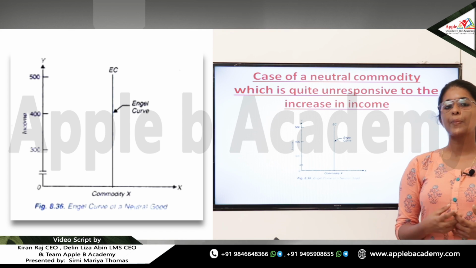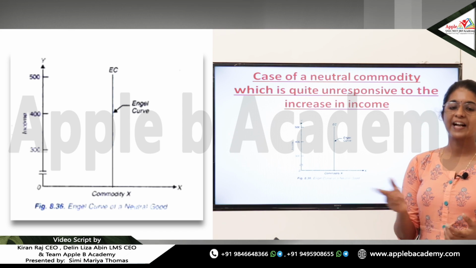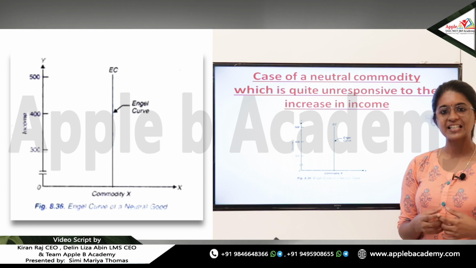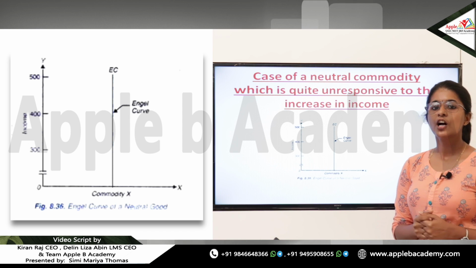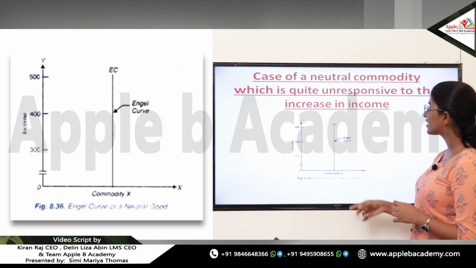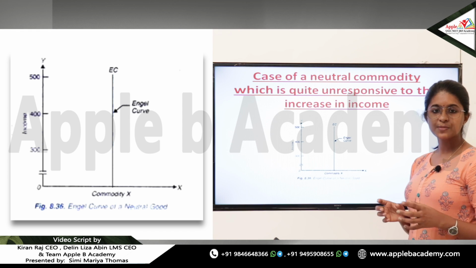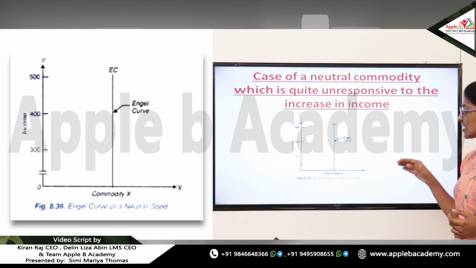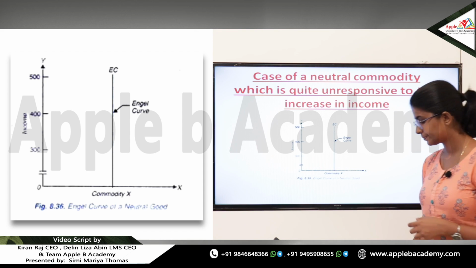So a positively sloped Engel curve denotes the normal good, a negatively sloped or backward bending Engel curve denotes inferior goods, and for neutral goods, whose consumption does not change with increased income, we have an Engel curve which is vertical to the x-axis.